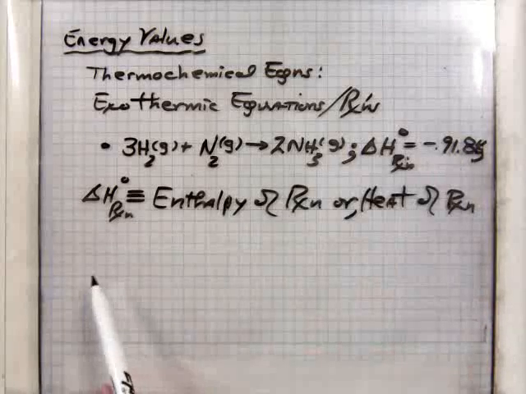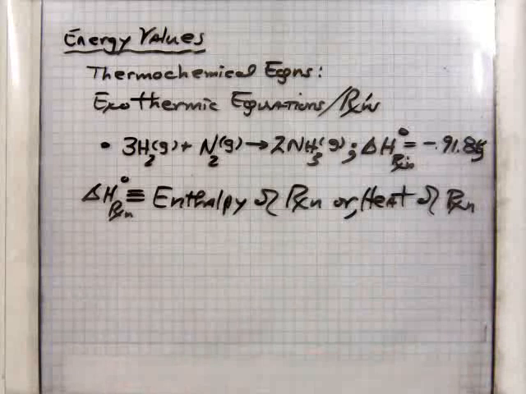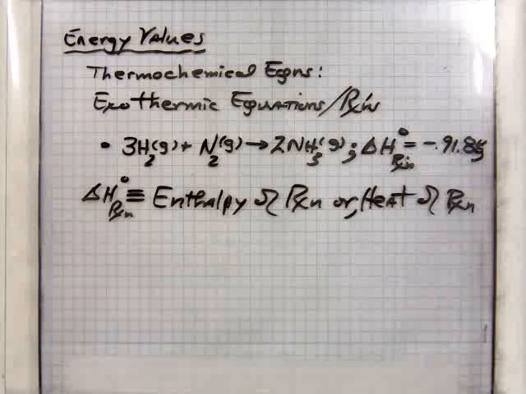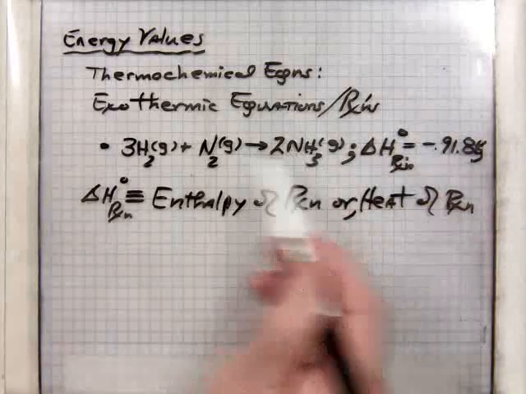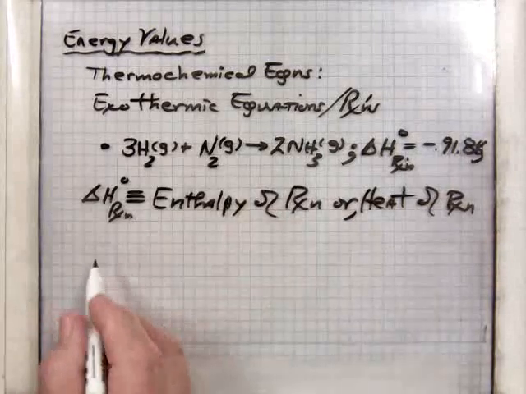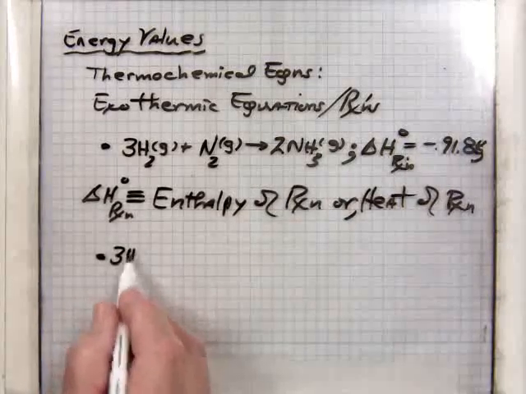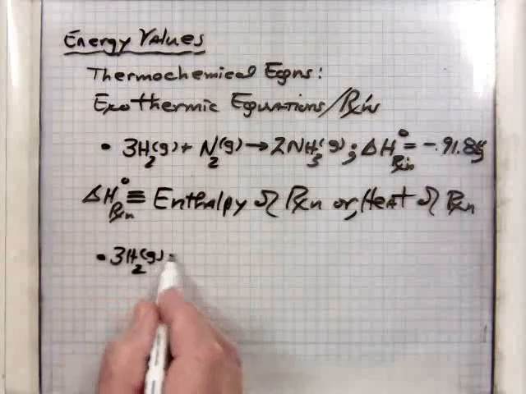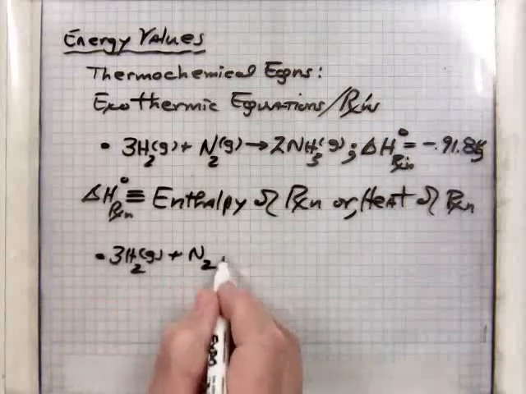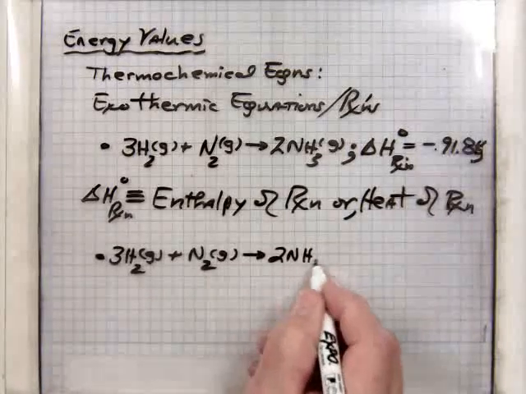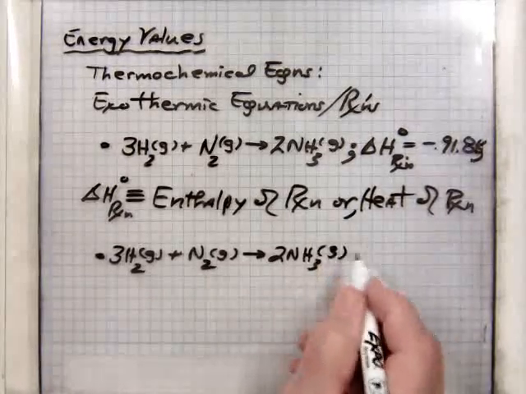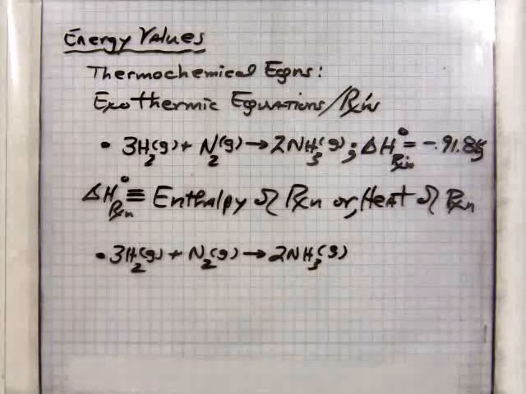Now, a second way to write this is to incorporate the number in the body of the equation. And to illustrate it as an exothermic, we take the number and put it on the product side. You don't put negatives into the body of the equation. It's written like this: 3H2 gas plus N2 gas goes to 2NH3 gas, and then because it is an exothermic, the energy number is placed on the product side.